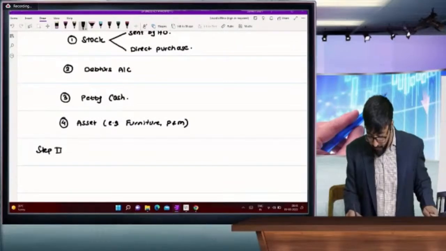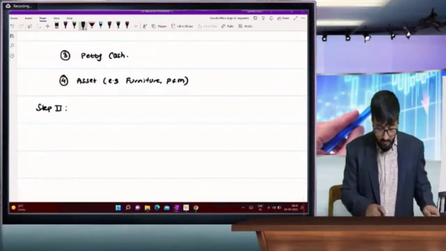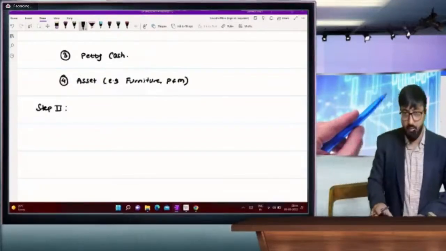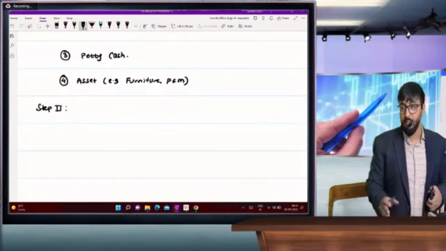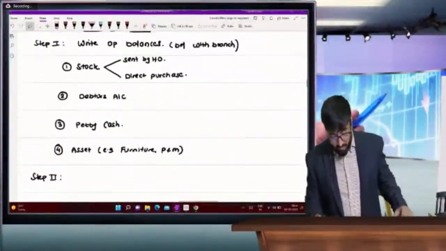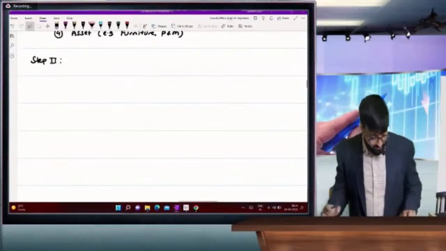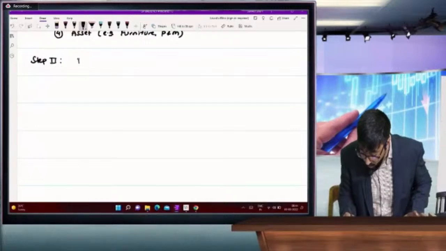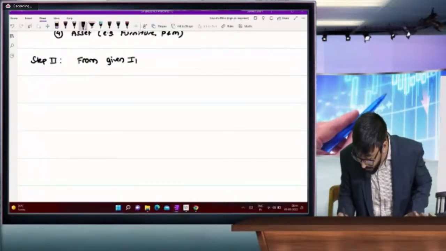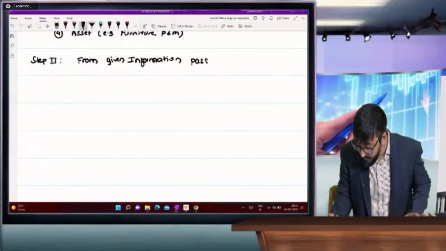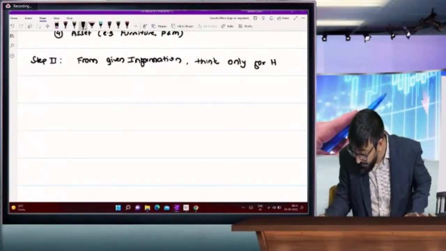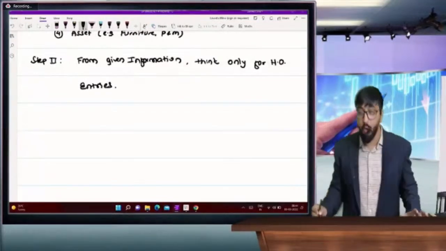Step number two. Step two is that from the given information, pass or think only for HO entries.